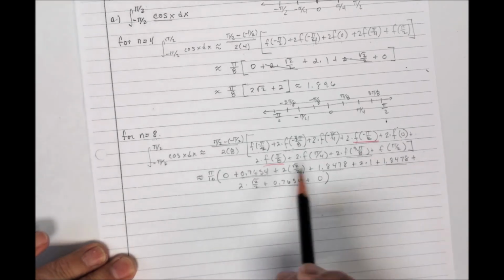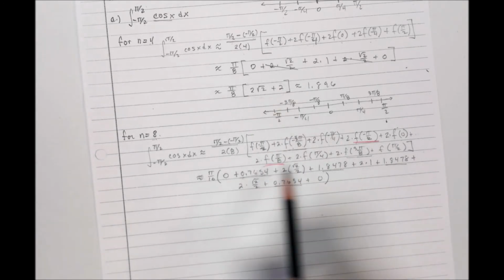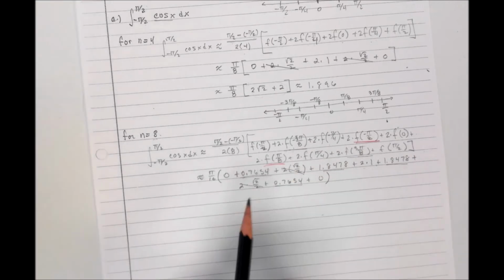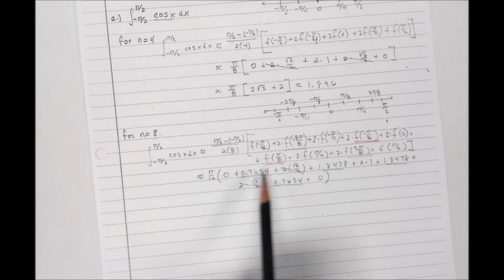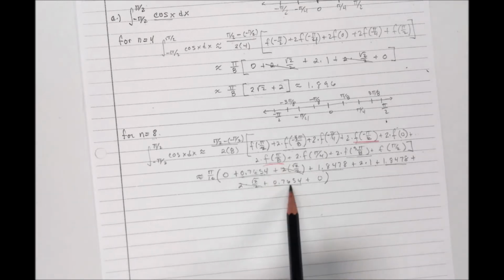All right, so this guy here, this guy here, this guy here, this guy here all get added up to what I had in here before, because the 2's cancel here and the 2's cancel here. So I'm going to take 2 times the square root of 2, and I'm going to add 2 to that. And then I'm going to add 2 times this and 2 times this, because there's 2 of them here and here.